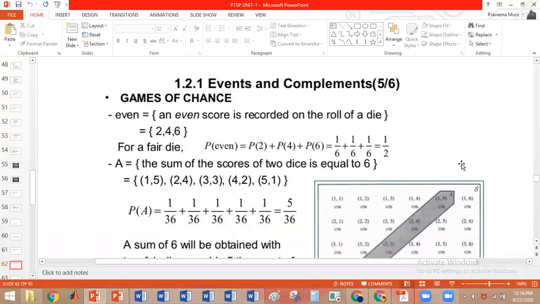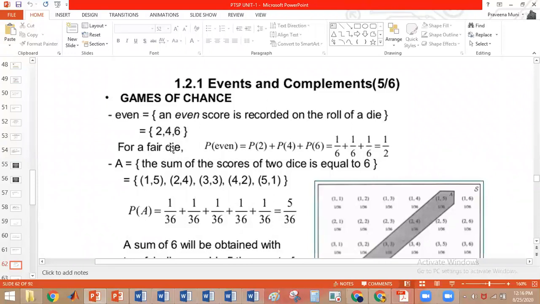Yes, ma'am. See here. Then we see the next example of events and complements. When you roll a die, what is the event score recorded on a roll of a die? Even has 2, 4, 6.